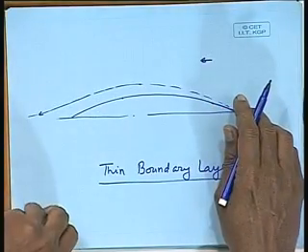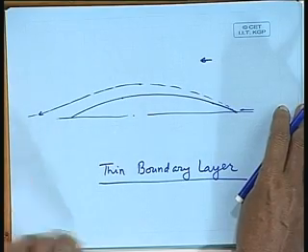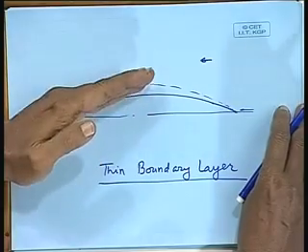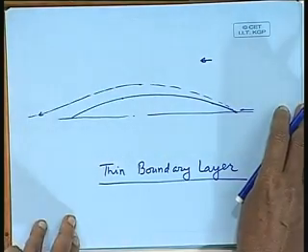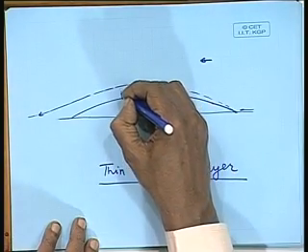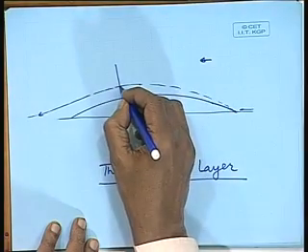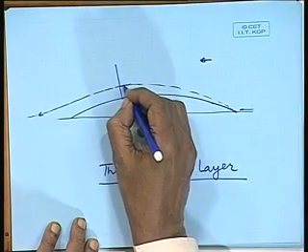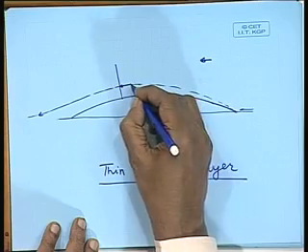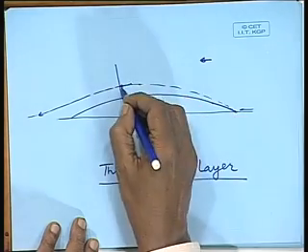Very interesting phenomenon occurs here. You will find. What is the velocity profile of the water particle inside this boundary layer? Let us do something here. Let us find out how the velocity varies. We say water velocity is equal to 99% or whatever it is, so much, nearly full potential flow at the end of the boundary layer.